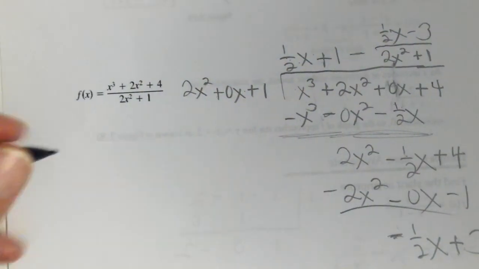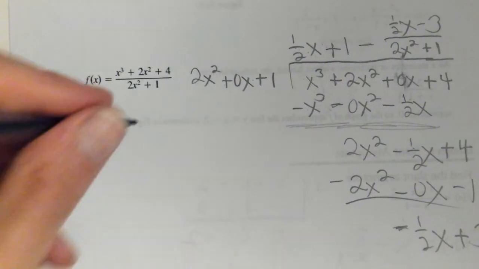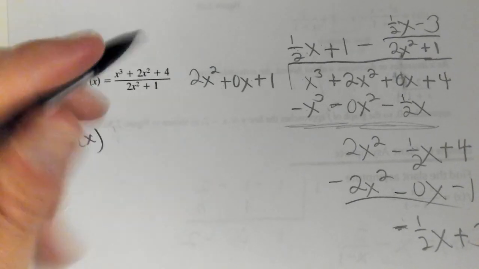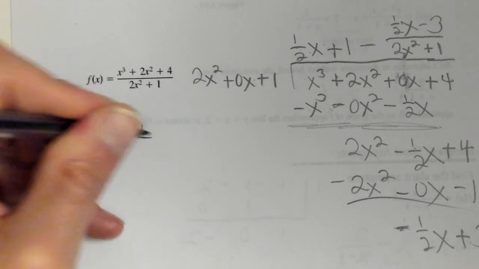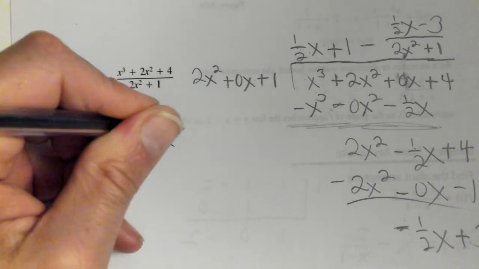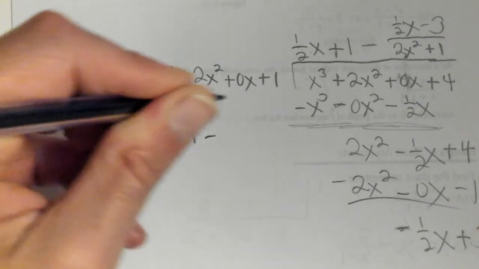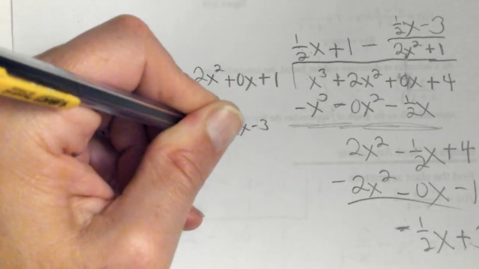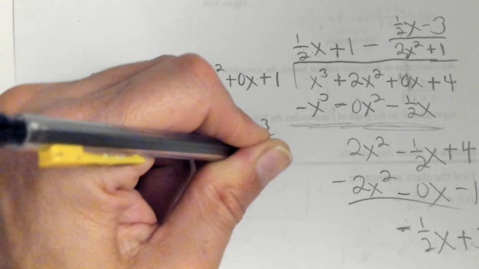Okay, so I can rewrite this now. F of x, after we divide it out, is going to look like this: equals 1/2 x plus 1 minus this remainder, 1/2 x minus 3 over 2x squared plus 1.